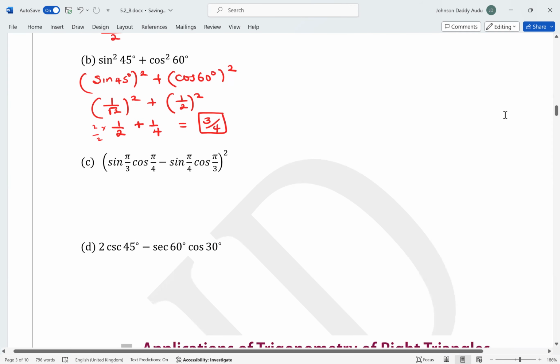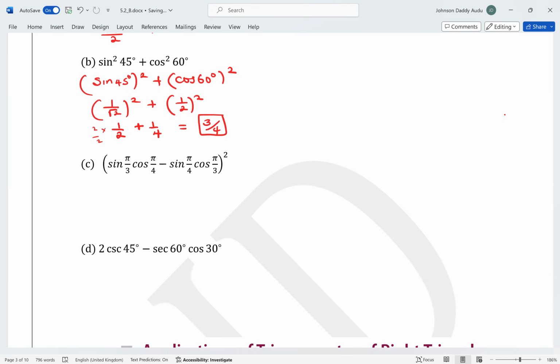Then here you have to finish what is inside. So here we have sine pi over 3. What is pi over 3? It is 60, right? So sine 60 should give us root 3 over 2 multiplied by cosine pi over 4, which is cosine 45.